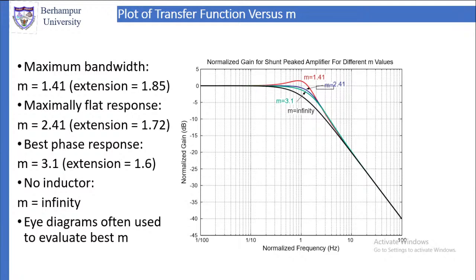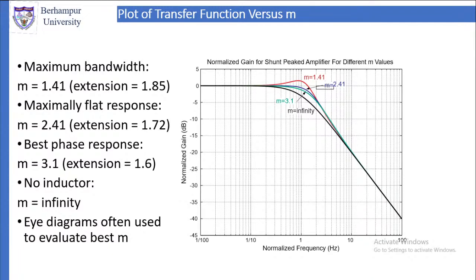So it is not constant over the whole bandwidth. Suppose for the red curve the bandwidth is up to 1. Over the whole bandwidth it is not flat.